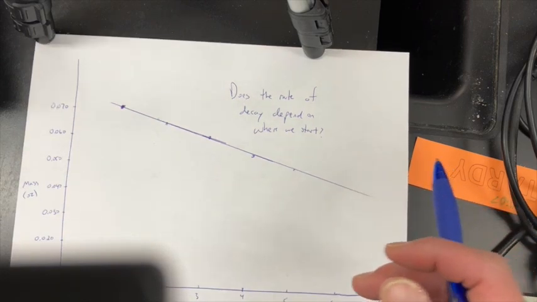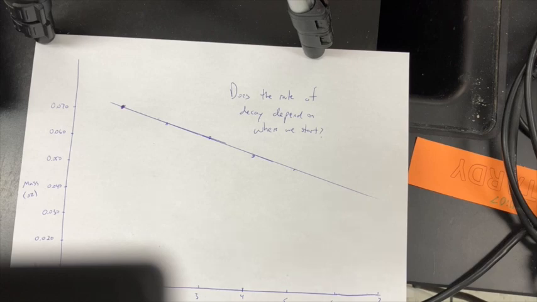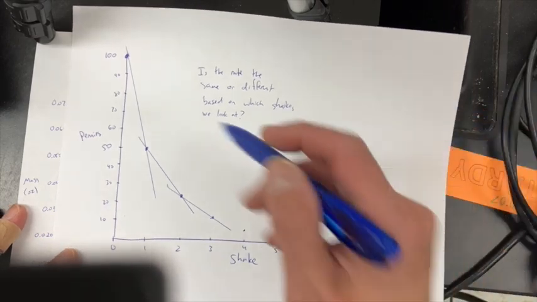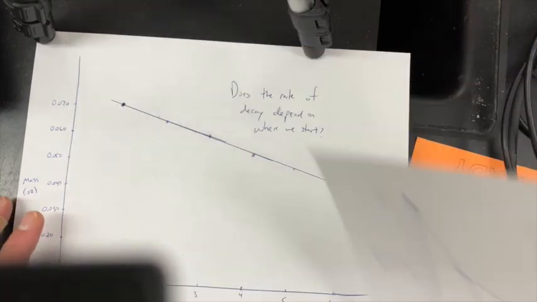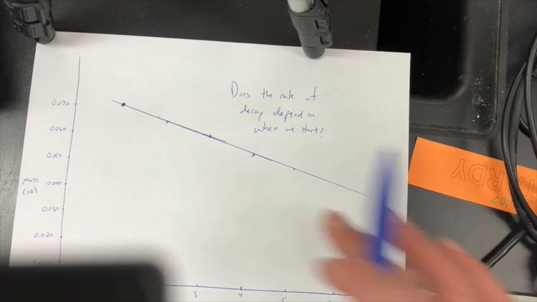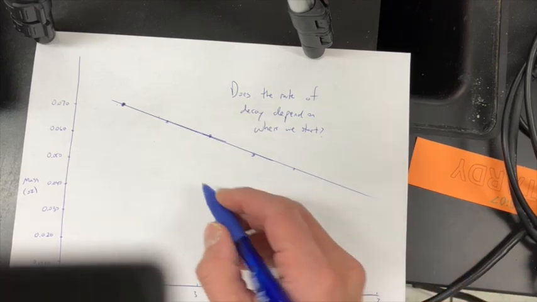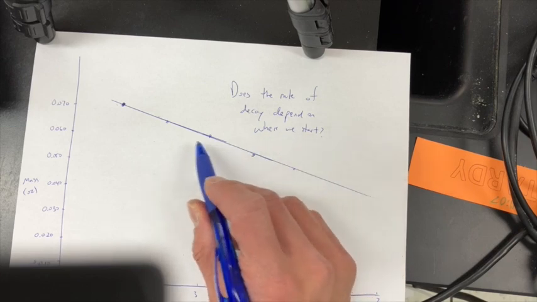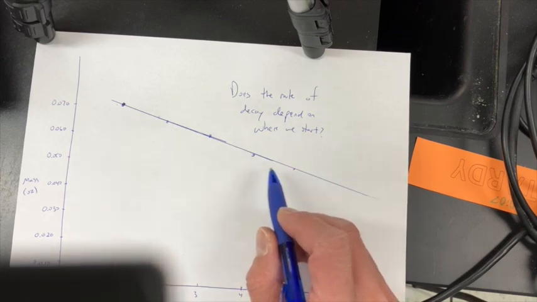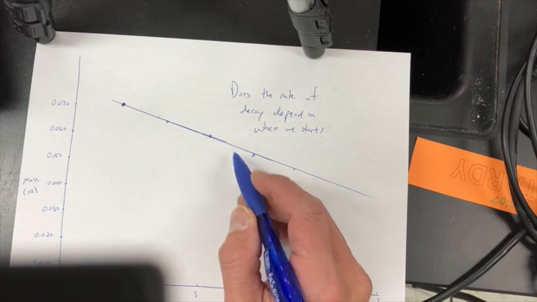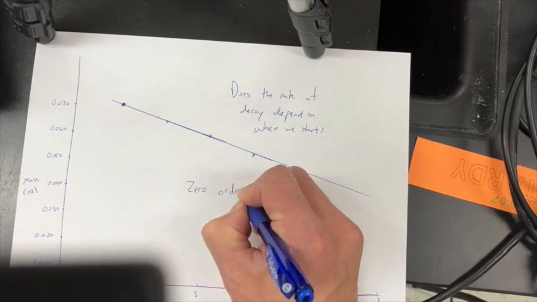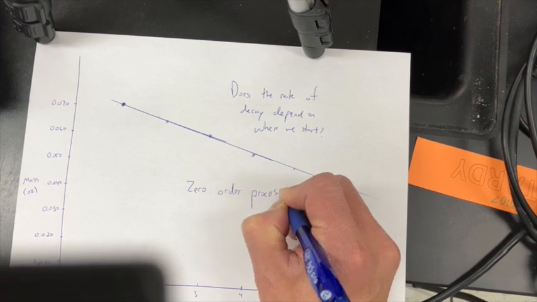So what we're going to look at now is we have different processes taking place. This process here is a specific kind of process. This process here is a specific kind of process. And what we say for this one, because the rate does not depend on where we start, this is called a zero order process.